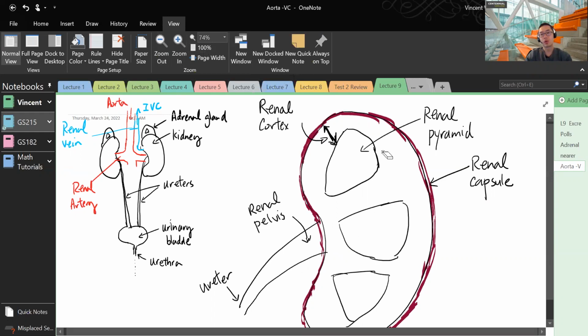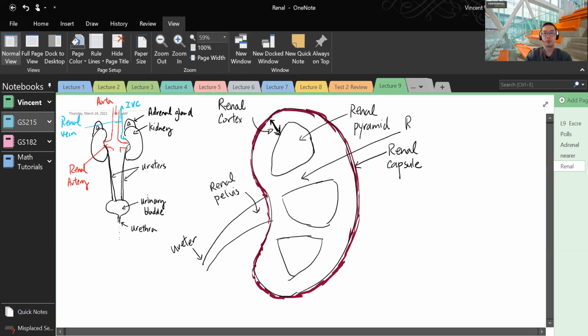So there's the renal cortex right here. And then we can see the renal pyramid here, renal pyramid, and the space between, where there's no pyramid, is called the renal column. Renal column.